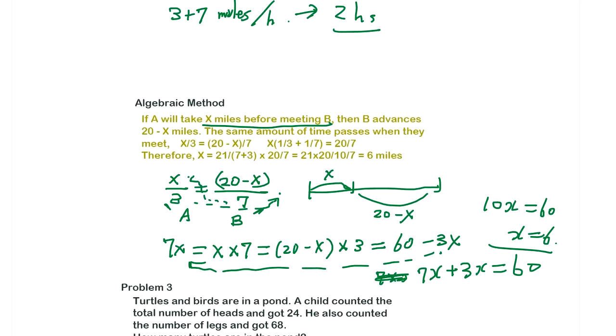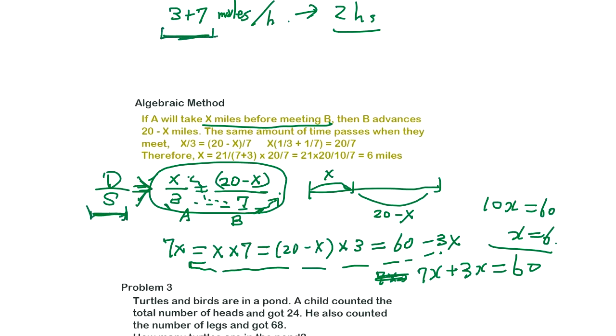So just stick to the basic equation. Distance over speed is time, and make this equation, right? And which is reasonable because you just stick to the basics. You don't have to come up with the idea of what is the total speed of both A and B. This needs an inspiration.